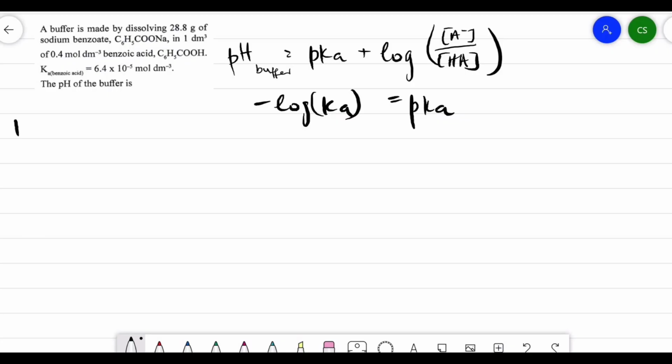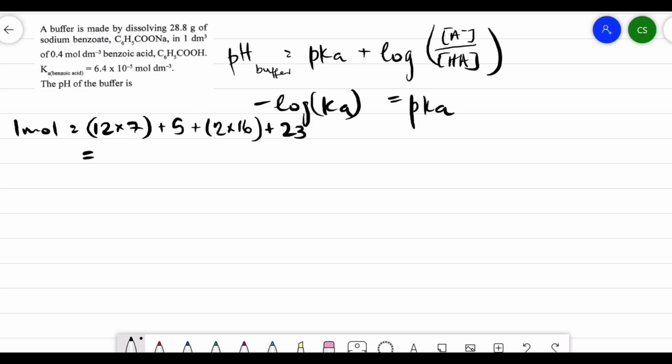So we know that 1 mole of sodium benzoate is equal to 12 times 7 carbons plus 5 hydrogens plus 2 times 16 for oxygen, and 23, which is for sodium. And you want to put that into your calculator.